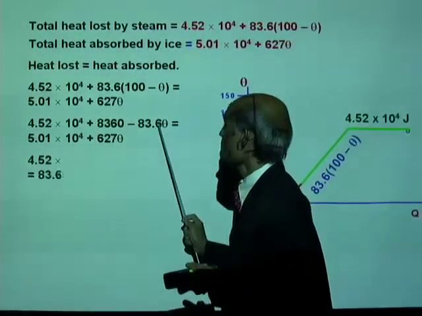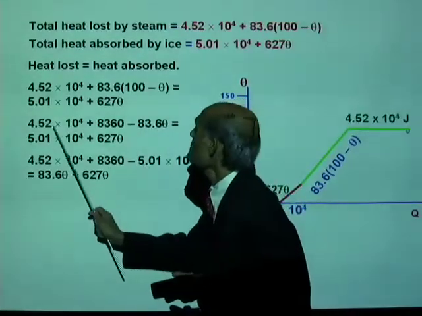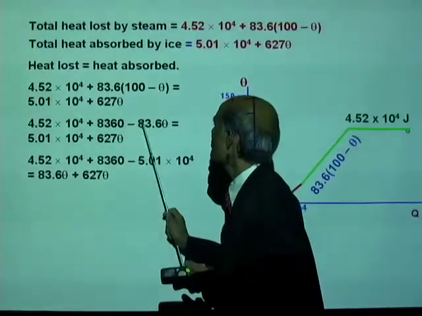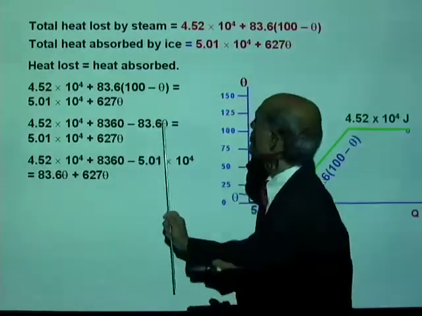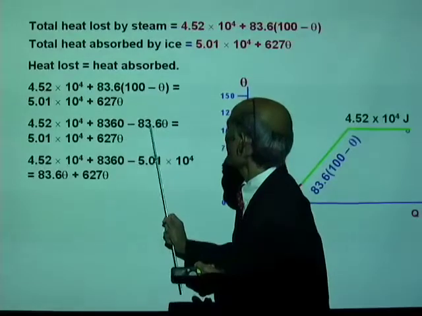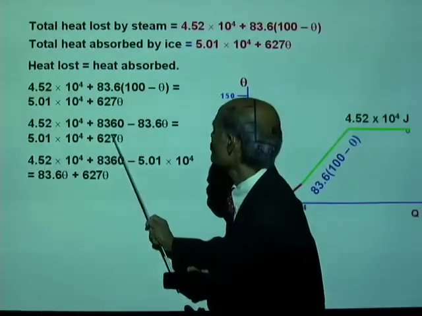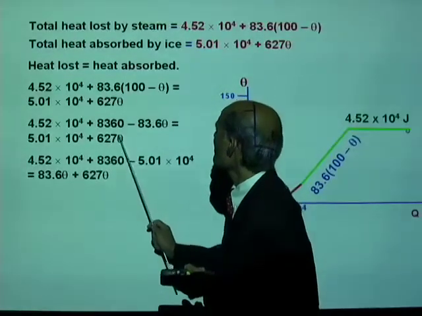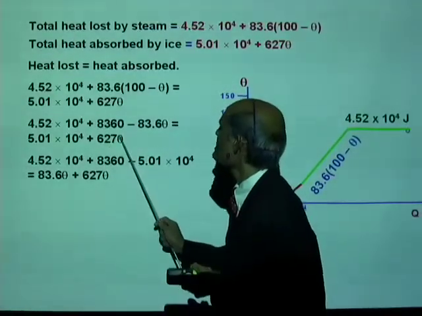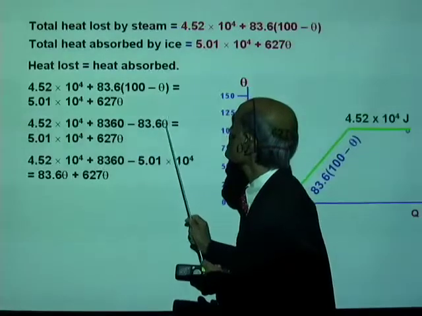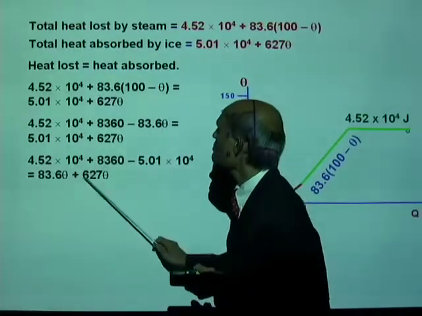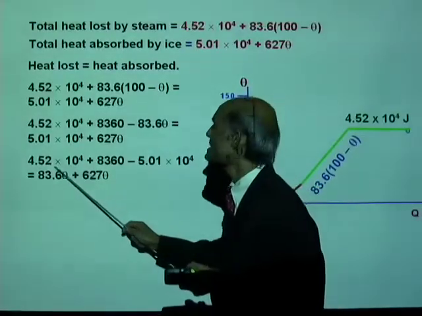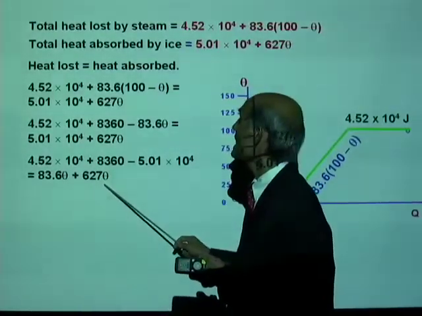And now leave the numbers on one side and take the theta values on the other side. What does that give you? 627 theta is on the right side. Move that negative 83.6 theta to the right side. The right side becomes 83.6 theta plus 627 theta.